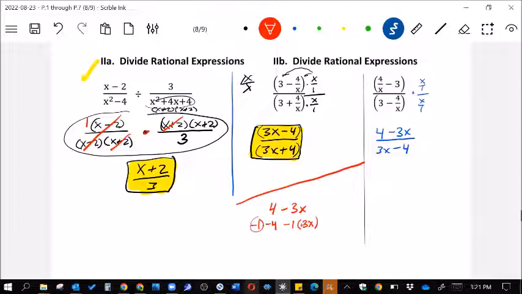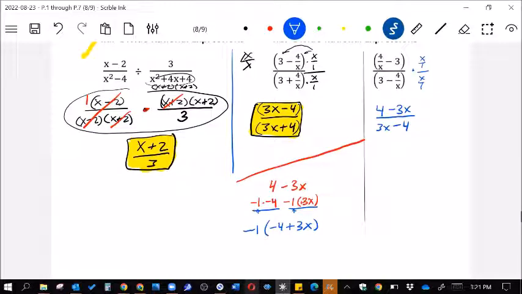So what I have here is a common factor. With the negative 1 and negative 4, I have a common factor. The negative 1 of the 3x, I have a common factor. So I'm going to take a negative 1 out, and I have a negative 4 plus 3x. I'm allowed to rewrite this. There's nothing that says I can't switch these two terms around because they're adding and subtracting.